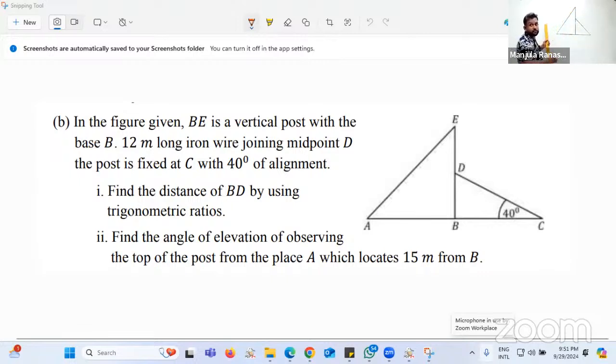See there, this is A, B, C, D, E, and here we have marked 40 degrees, and here it is 90 degrees.